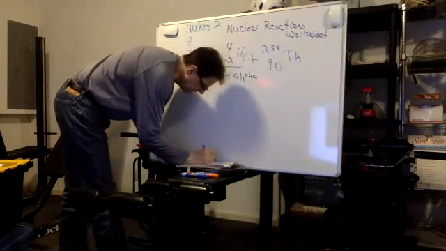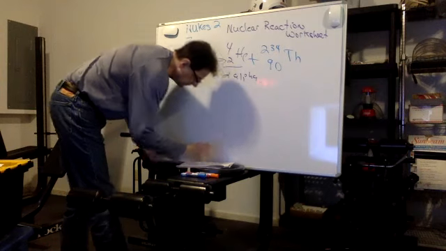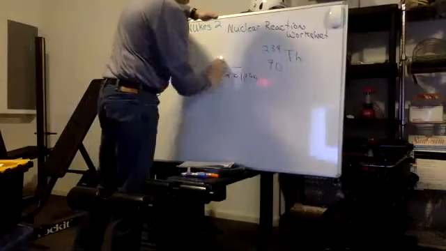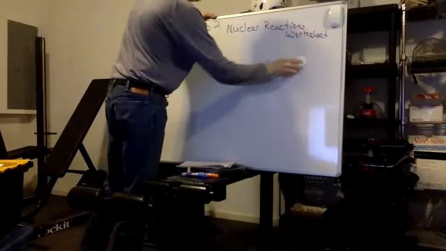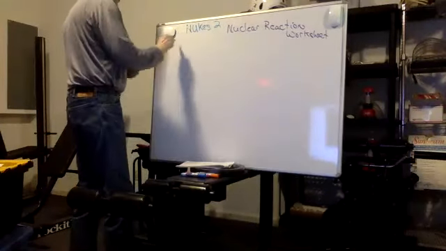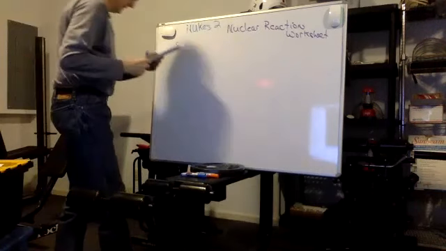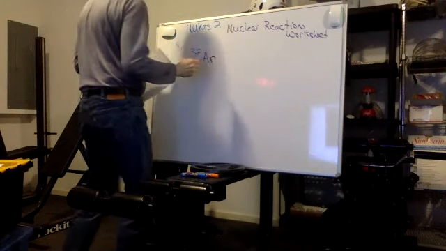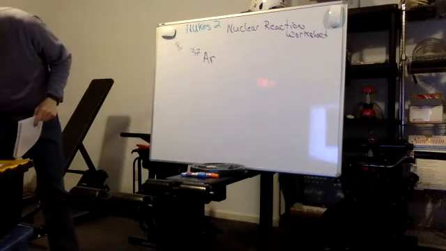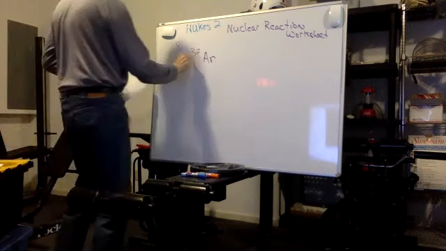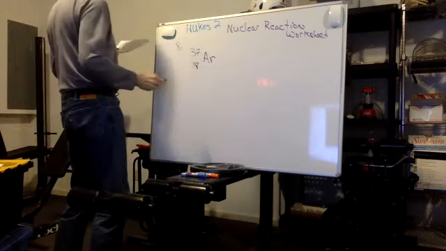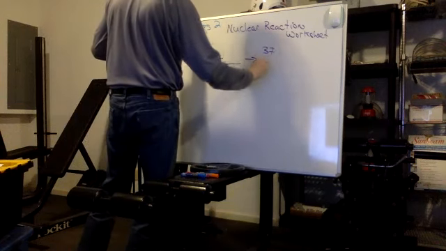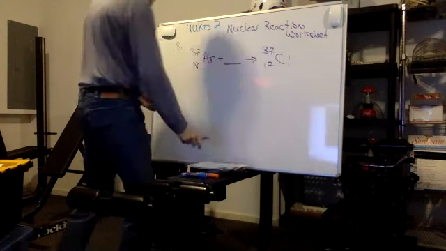Number 7. I made a simple problem complicated. 8. Got 37, argon 36, 18. Krypton. Okay, argon blank goes to 37, 17 chlorine.